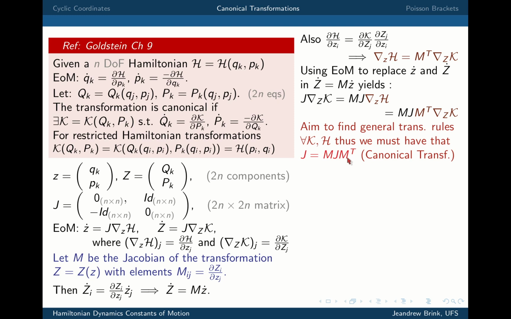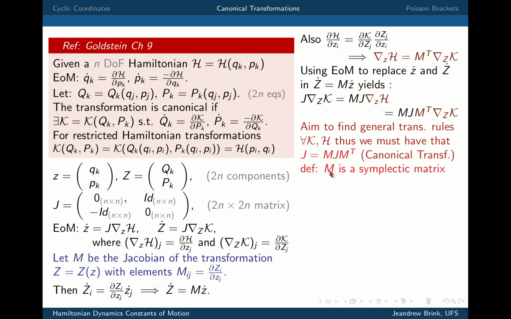That's basically what we call a canonical transformation, and if you look at it carefully, remember M is just the partial derivatives of the transformation itself. So we've got a highly non-trivial condition on the derivatives of these two n equations. For now, that's the condition that we have a canonical transformation.